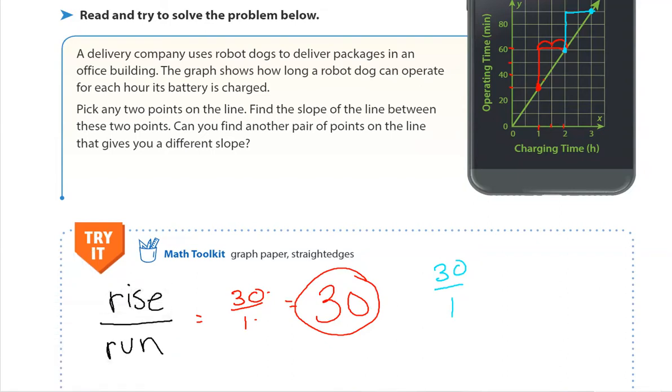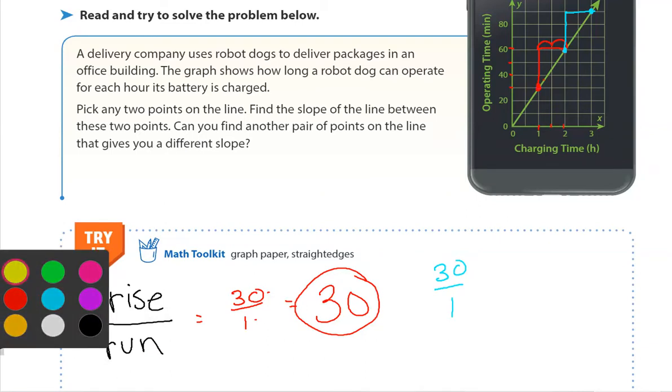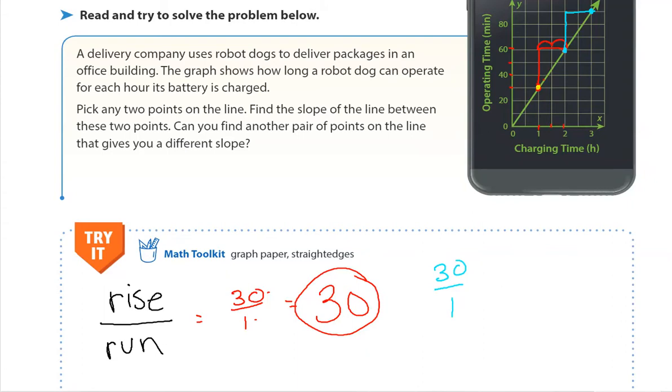Okay, let's try one more, because there's only 3, so that we can have all 3 combinations here. Why not? Let's go from the lower one. Let's pick yellow, because it's got a dark background. From here to here, we got 10, 20, 30, 40, 50, 60. And then 1, 2.